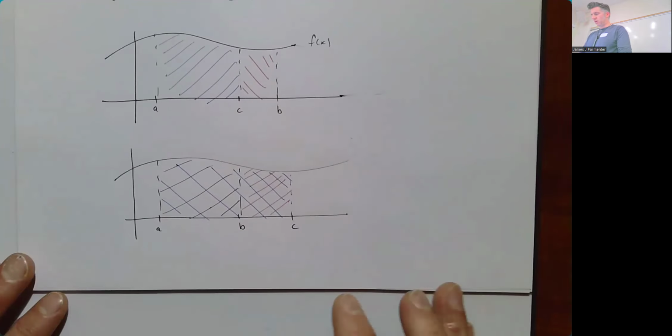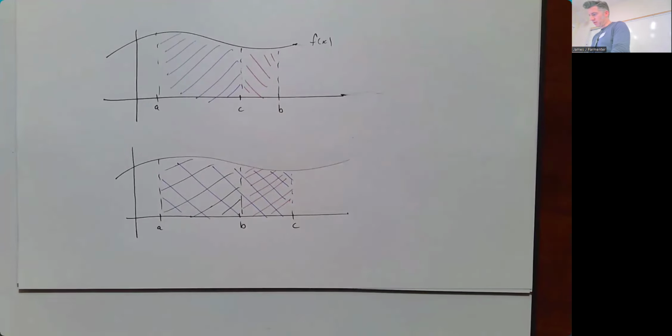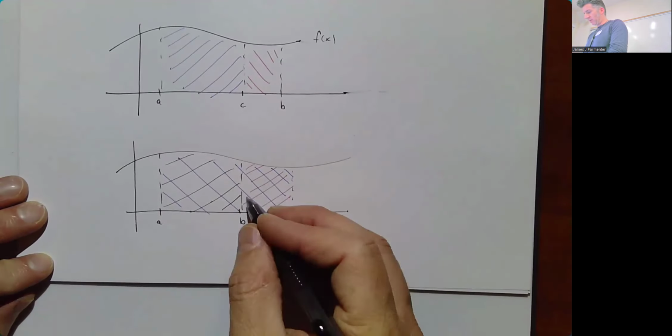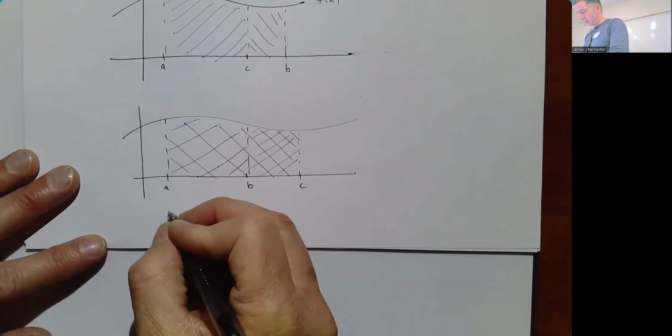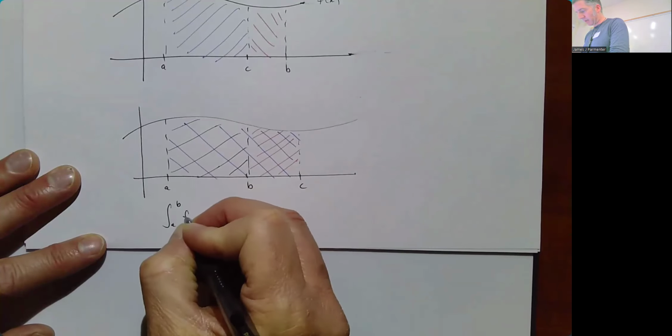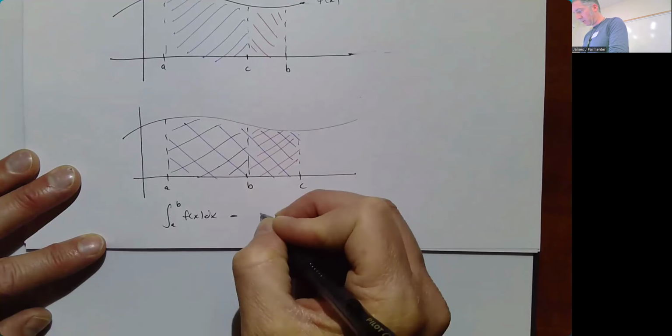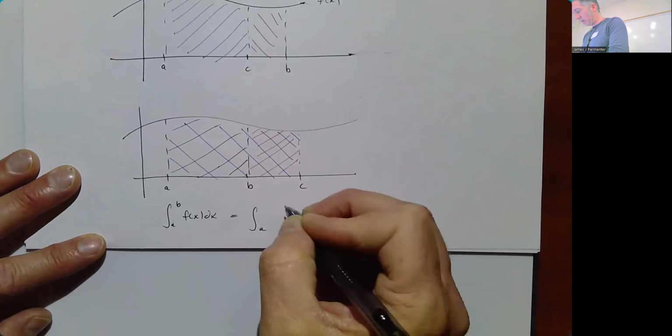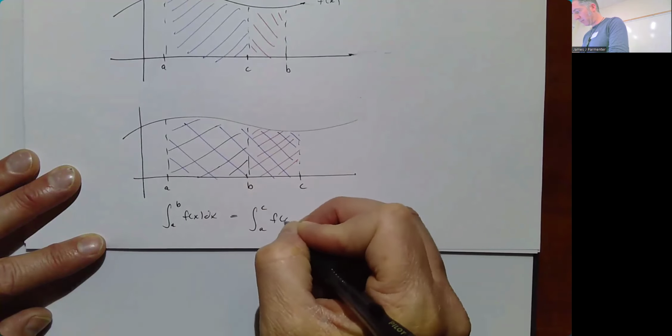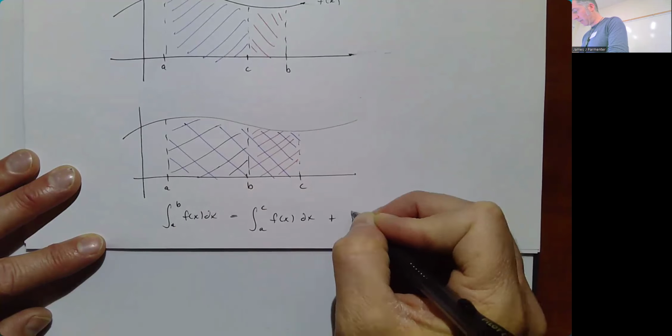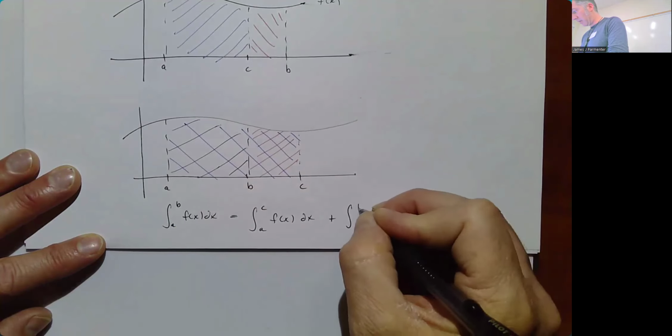So what that means here, if I want to think of this the right way, is the integral from a to b of f of x dx is equal to the integral from a to c plus the integral from c to b.